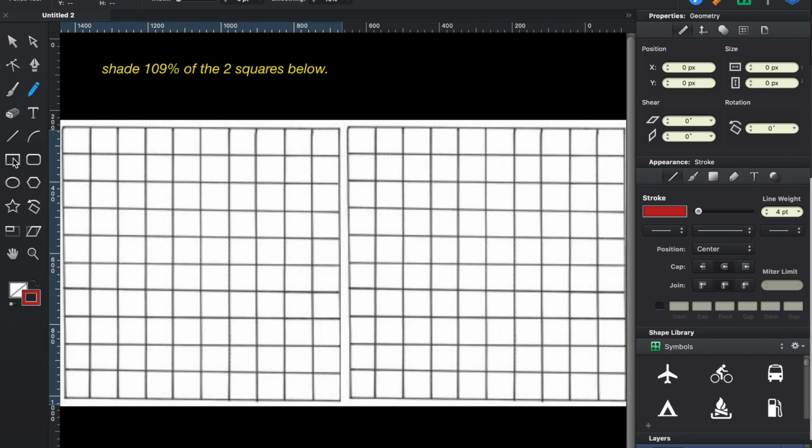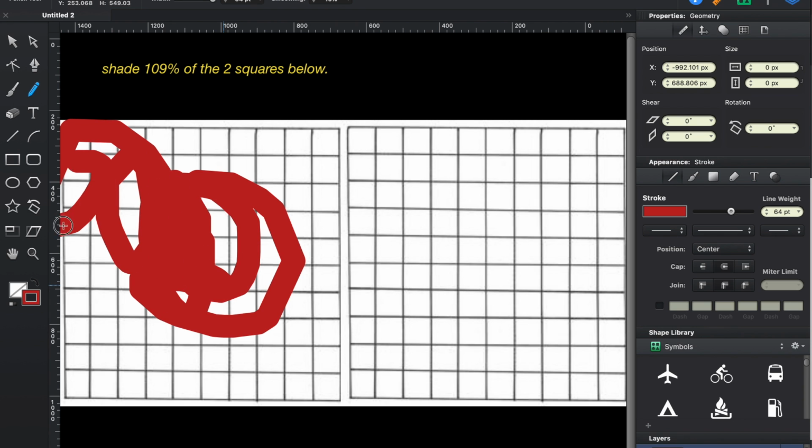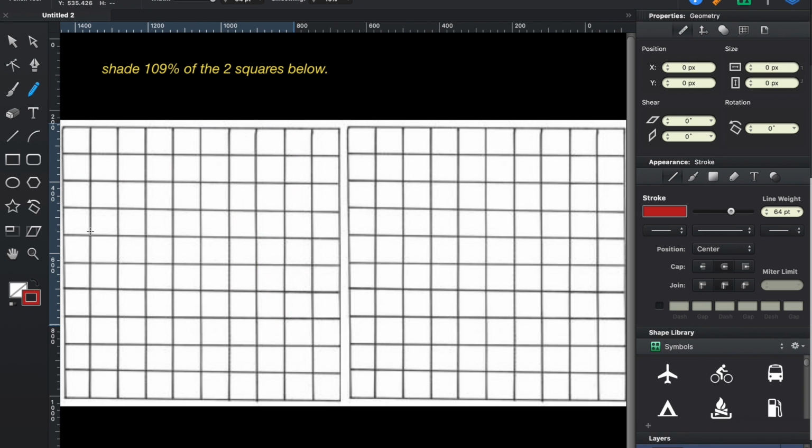Seriously, that's all they give us? Seriously, that's as big as you can get?